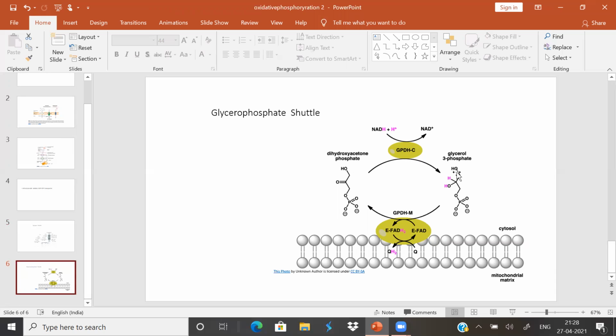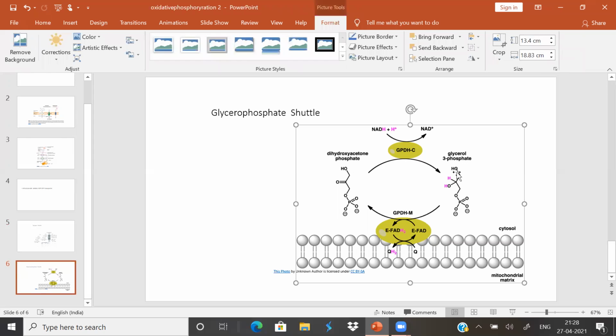This glycerol 3-phosphate can enter the mitochondrial matrix through one transporter. In the mitochondrial matrix, this glycerol 3-phosphate is again converted into dihydroxyacetone phosphate by glycerol 3-phosphate dehydrogenase.